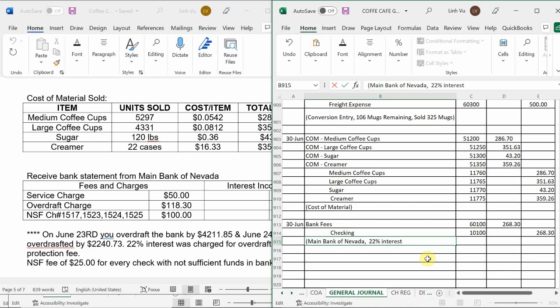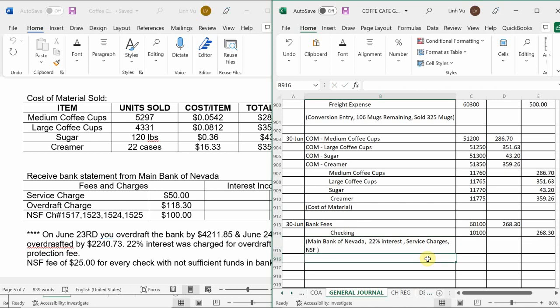You could put service charges and NSF fees. Okay.